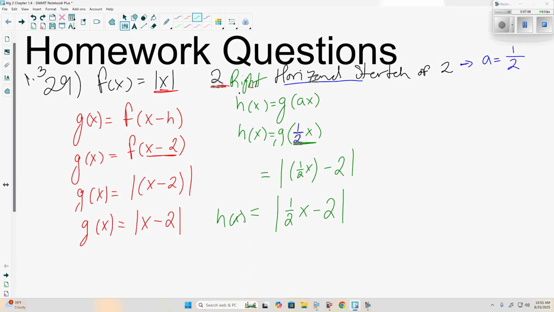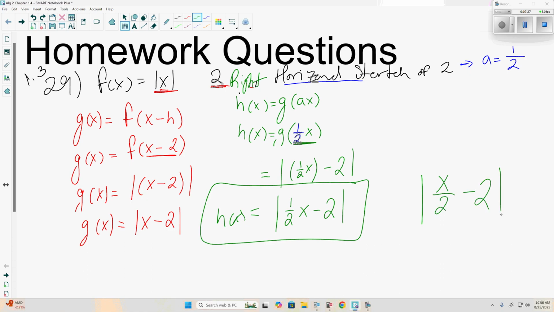So our final function should be the absolute value of 1/2 x minus 2. And if you put x over 2, that's fine too. It's still the same answer. Any other questions on 1.3?